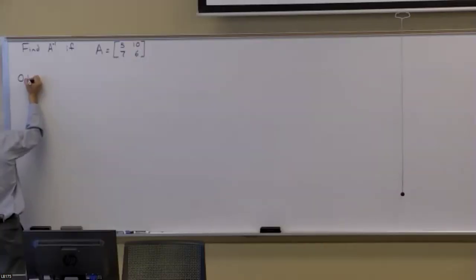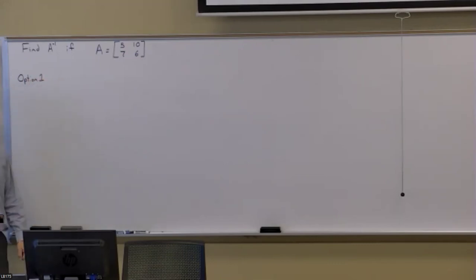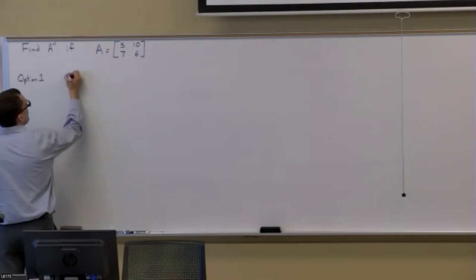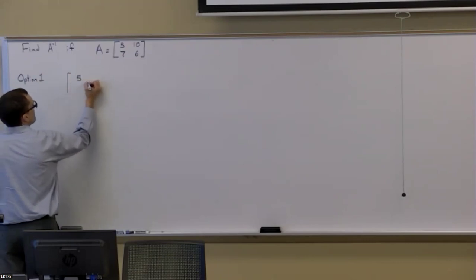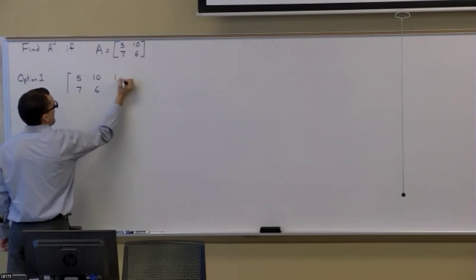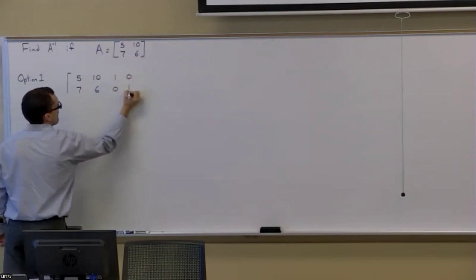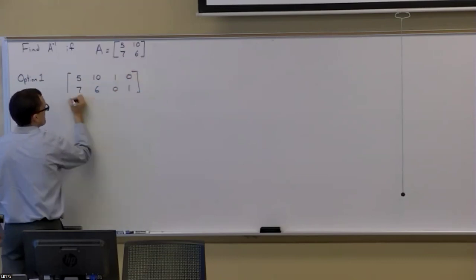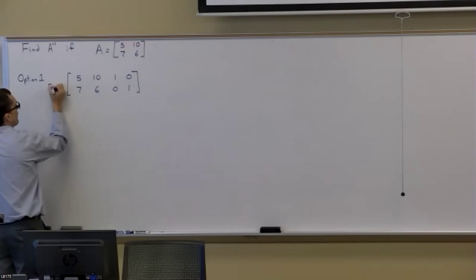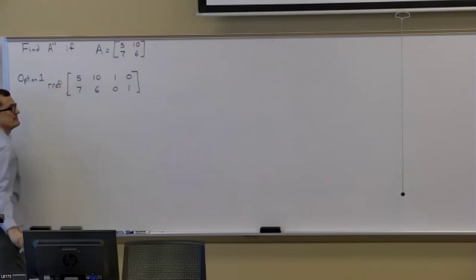I'll call this option 1 because it was our first option that I listed, but this is not my primary go-to method on this. We write 5, 10, 7, 6, and then we add 2 more columns that look like the identity matrix. And then we row reduce to echelon form.